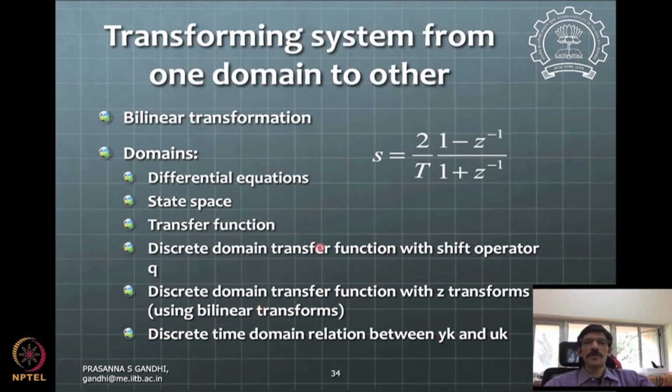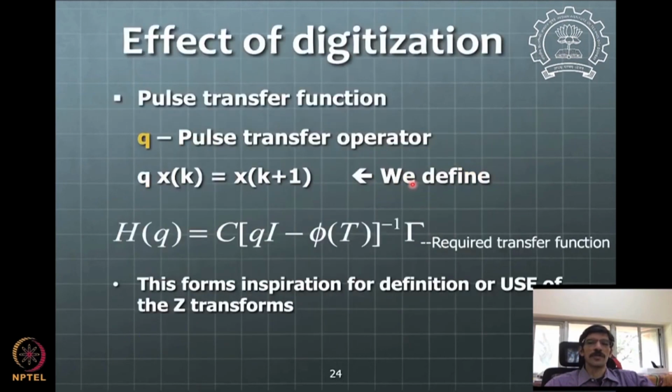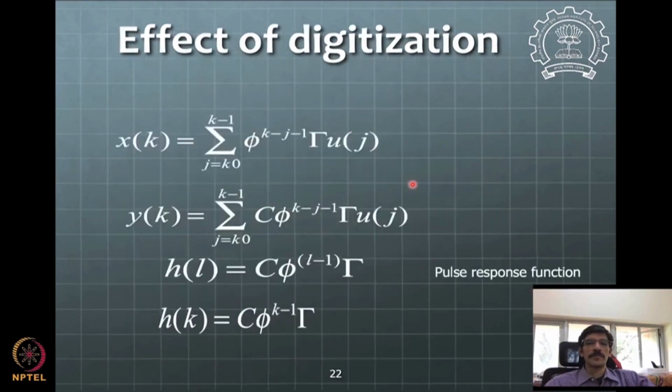Let's talk a little bit about a simplified way of doing this, the bilinear transform way of doing things. Where does this bilinear transform come from? Let's go back to our basic derivation of this system.